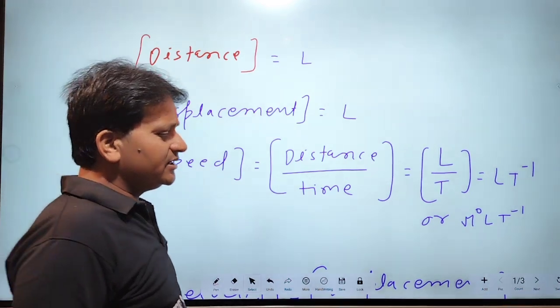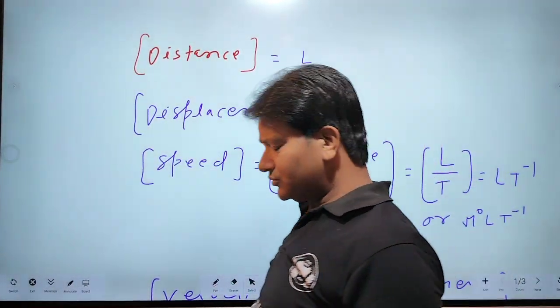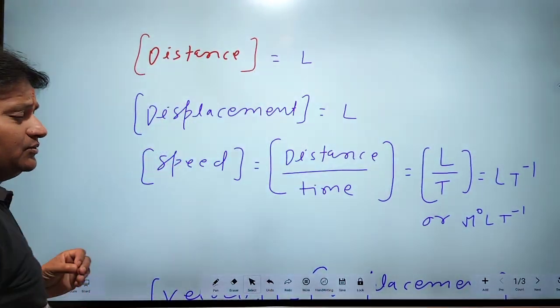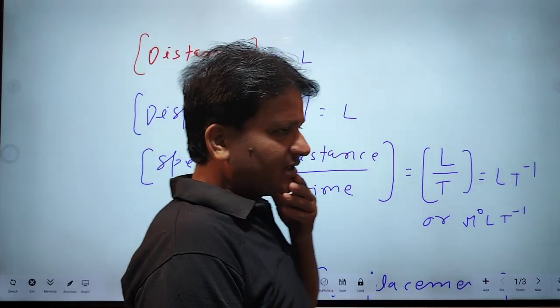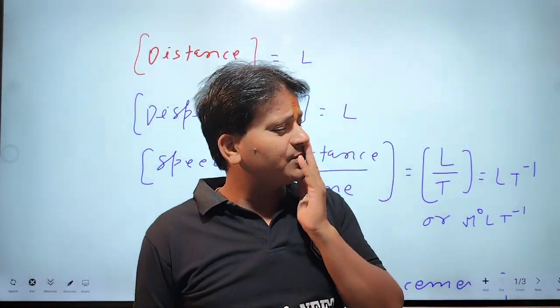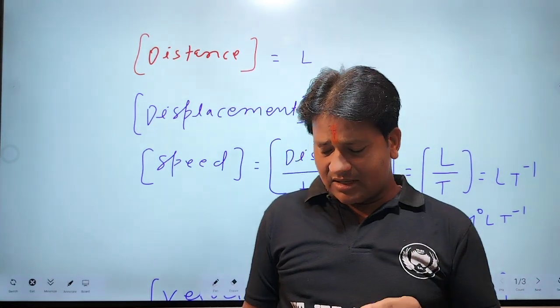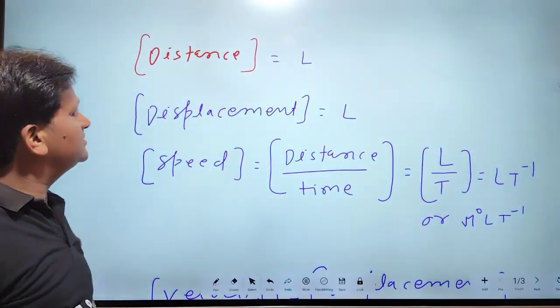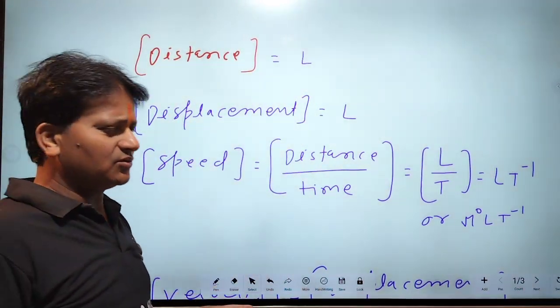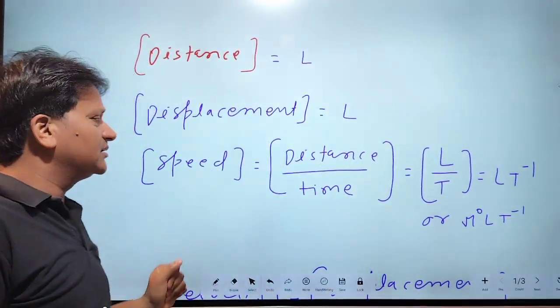I have already taught you about fundamental quantities. The total number of fundamental quantities is equal to 7, and I have already determined the dimensions of all fundamental quantities in the previous class.